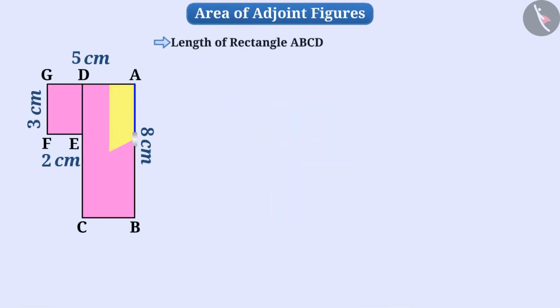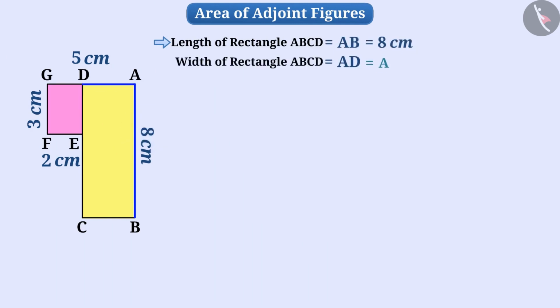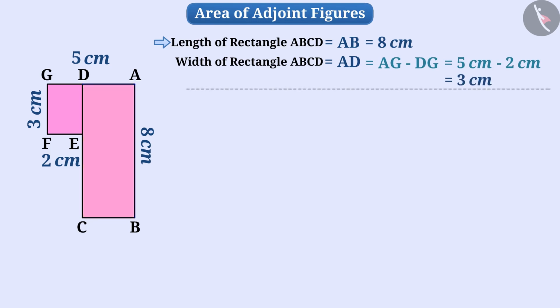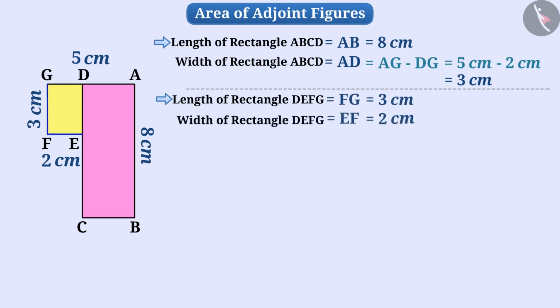We take the length of rectangle ABCD as 8 cm and width AD is equal to AG minus DG, which is equal to 5 minus 2 cm, which is equal to 3 cm. Similarly, the length of rectangle DEFG is 3 cm and the width is 2 cm.